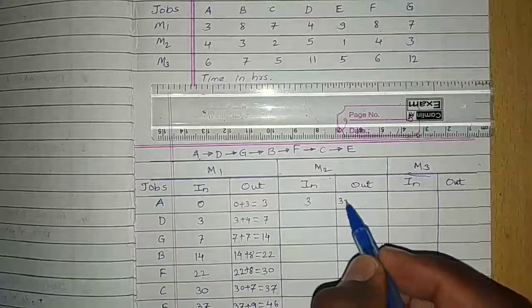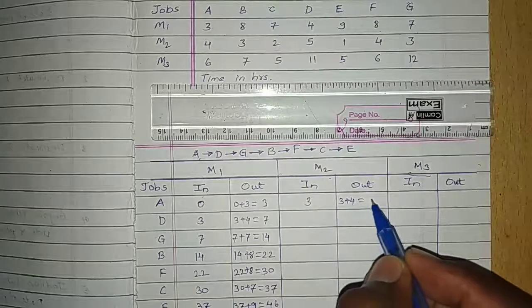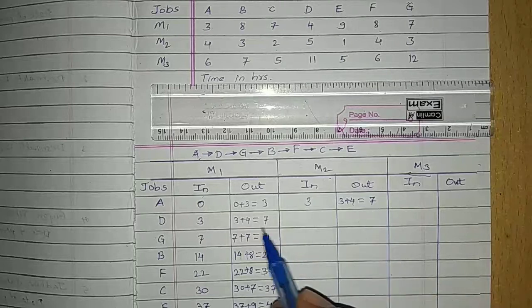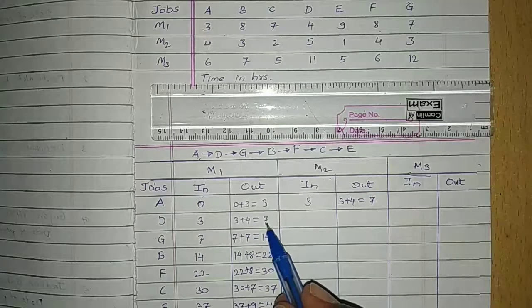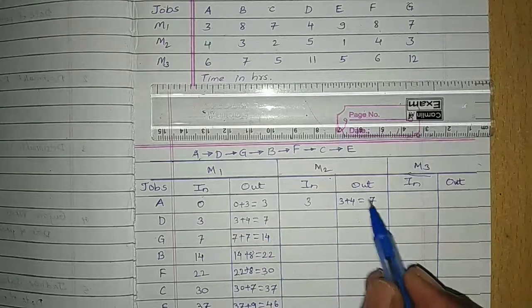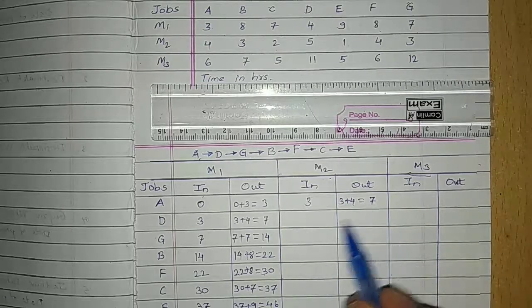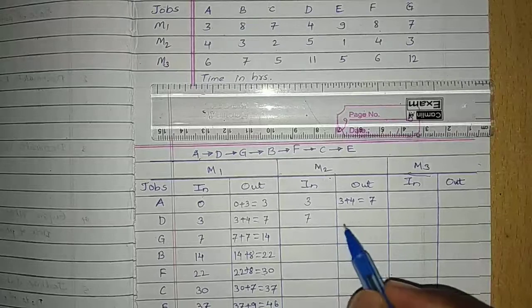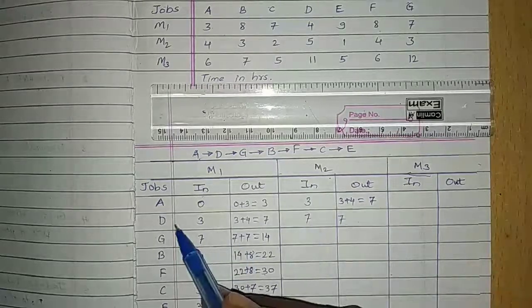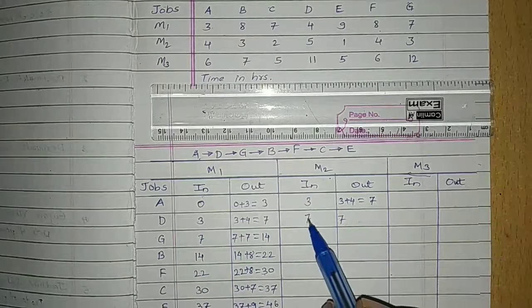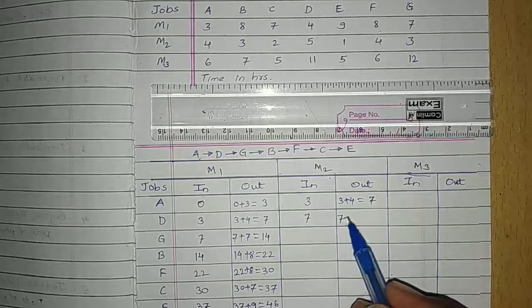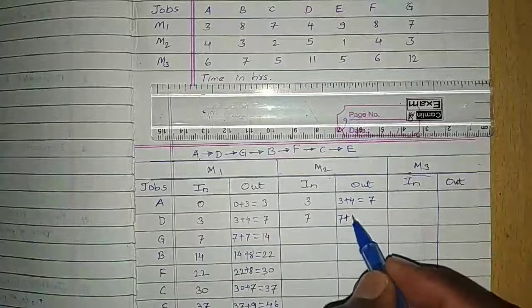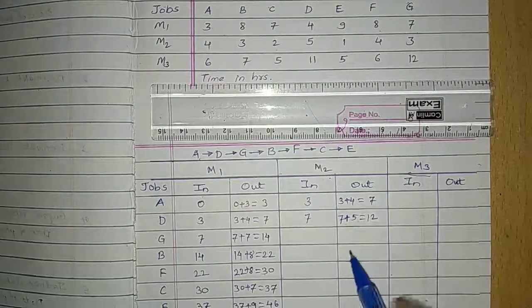So 3 plus 4, 7 hours. So now here out time for A is 7 hours and machine M2 is available after 7 hours. So in time for job D is again 7 hours. So its out time for job D will be the in time 7 plus the processing time of D on M2, that is 5. 7 plus 5, 12 hours.